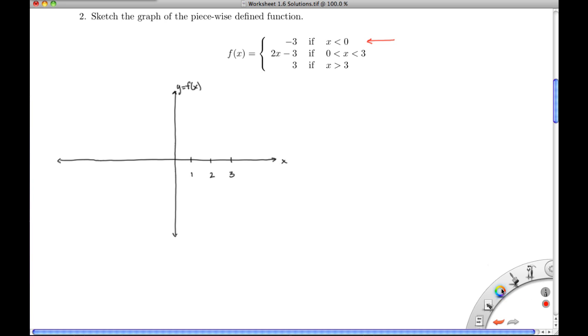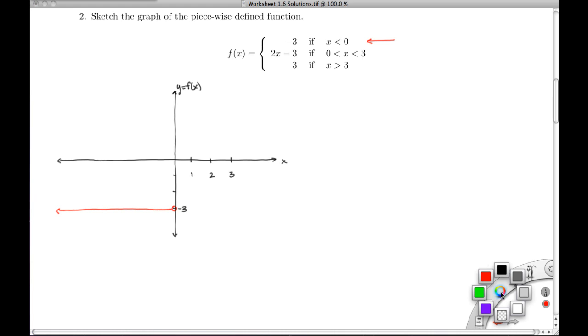So all the way from -infinity up to, but not including 0, so I'm going to put an open dot there because I'm not going to include it, this function is going to look like this. So that's our first part.